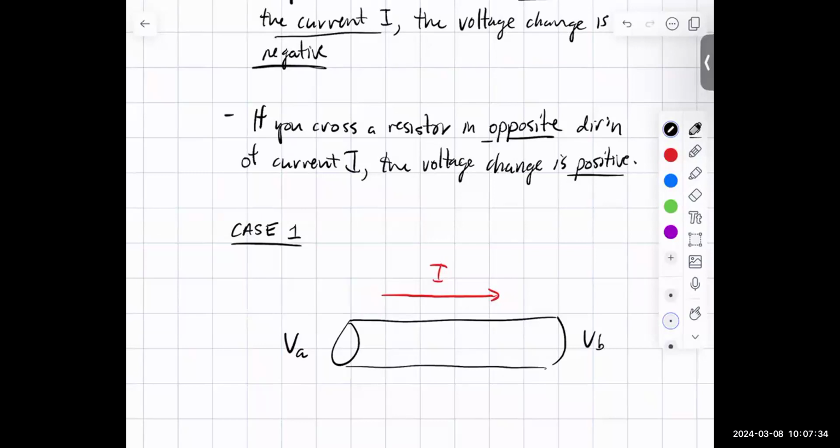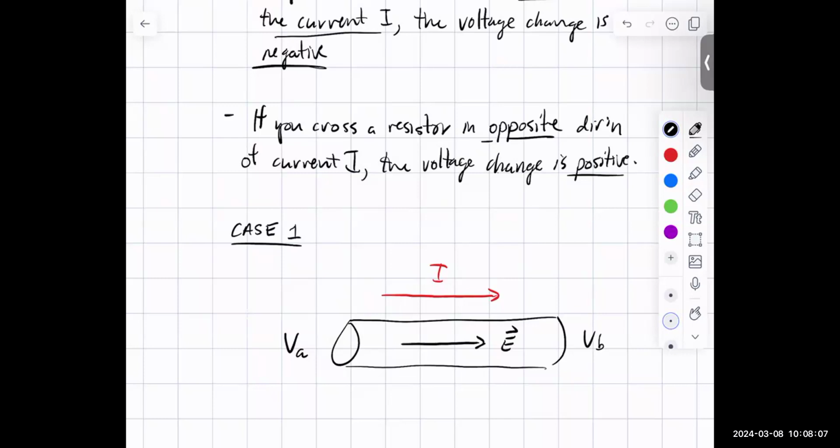Okay, so what do we know? We know that the electric field inside the conductor will point in the same direction as the current, because that electric field exerts forces on the charges in the metal, and that causes the flow of charge, which establishes the current. In a metal, it'll be electrons that carry the current. They'll move in the opposite direction of the electric field, but that corresponds to a current in the same direction as the electric field.